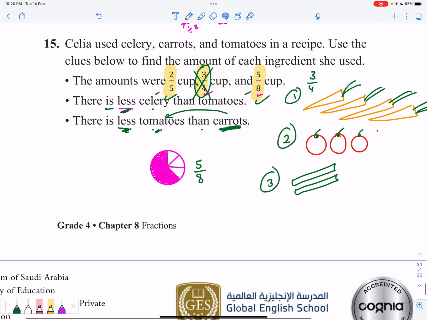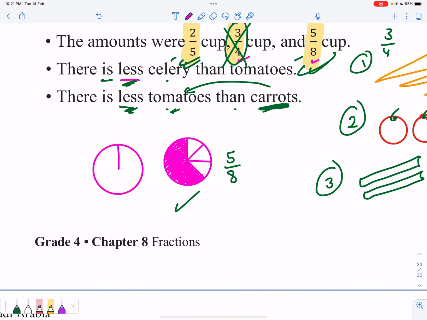We did draw this one, which is here. We need to draw the 2 over 5. Let's draw that. I will make it the same color so we can compare it clearly. So for 2 over 5, we need to cut this circle into 5 parts: 1, 2, 3, 4, and 5.